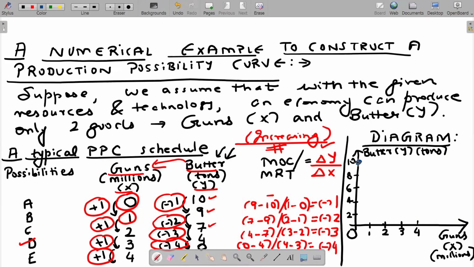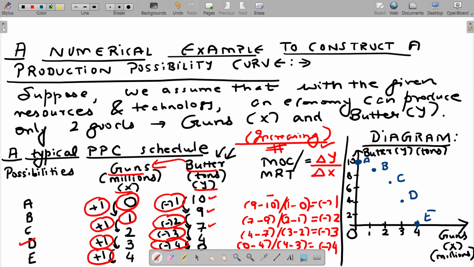That means this is my A. B will be 1, 9. This is B. This is A. C will be 2, 7. This is C. D will be 3, 4. And the last one is 4, 0.